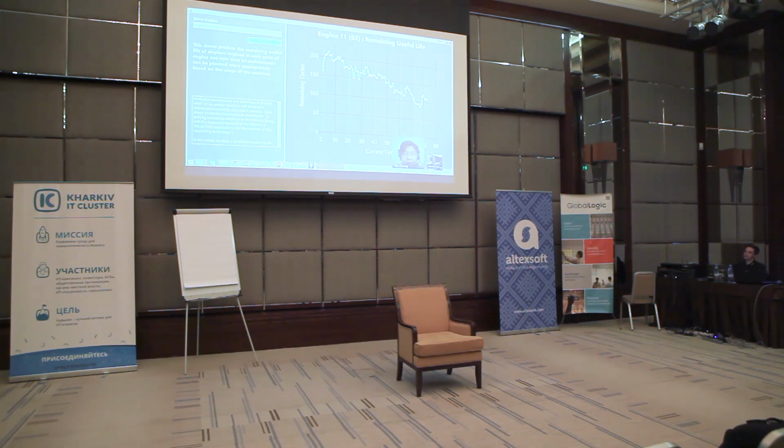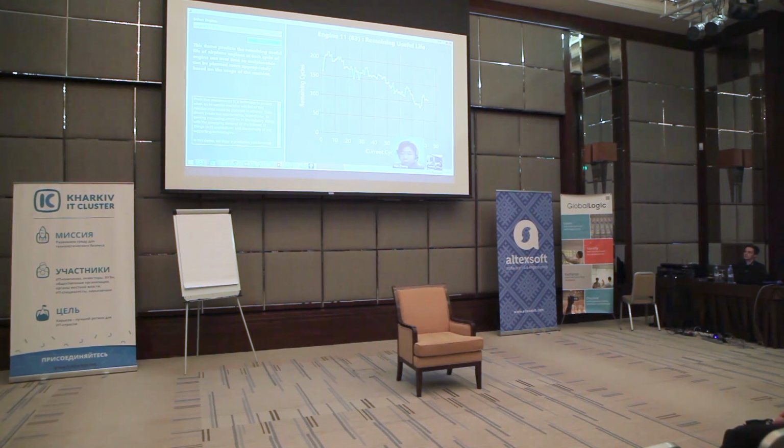So far we have engaged with many customers to work on different predictive maintenance use cases. I can only cover the high level, not a specific use case, because some of them cannot be discussed publicly.